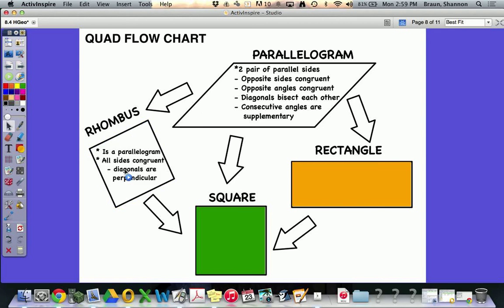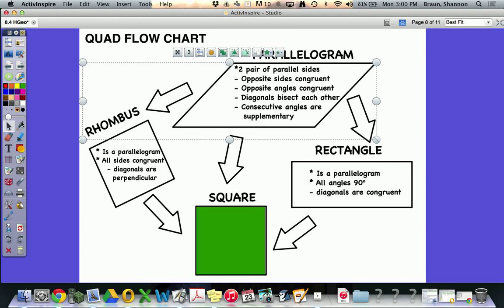So a rhombus, okay, is a parallelogram, and its definition is that all sides are congruent. Okay, the additional property that we get is that diagonals are perpendicular. And so then same thing here, rectangle, its definition is all the angles are 90 degrees or right angles. And then the additional property is that the diagonals are congruent. But remembering that the properties from a parallelogram are true down here as well too.